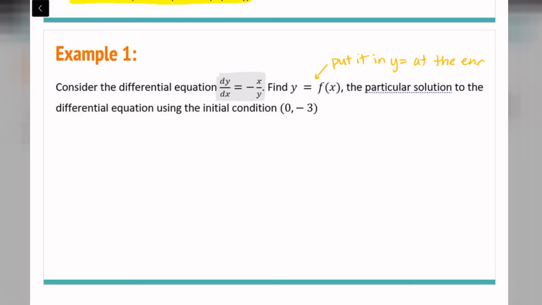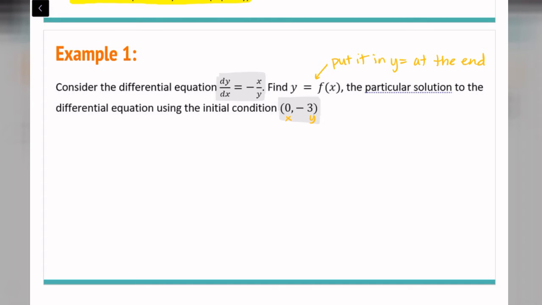It has to be in the form of y equals. And we want to find the particular solution, and we'll talk about what that means in a second, using the initial condition of (0, negative 3). So that's your x and that's your y. It has to satisfy that initial condition.